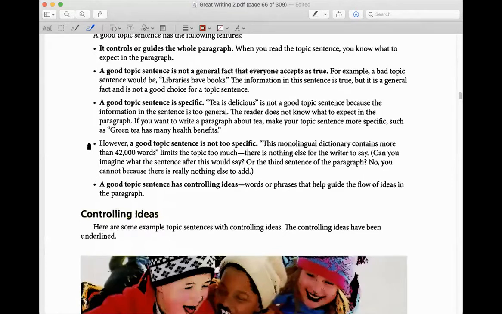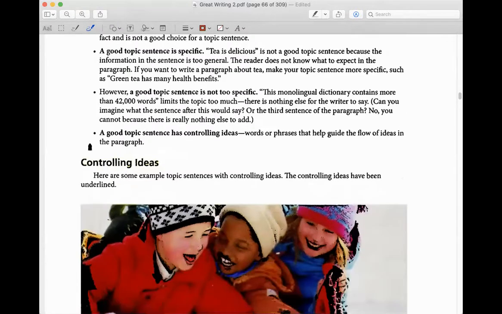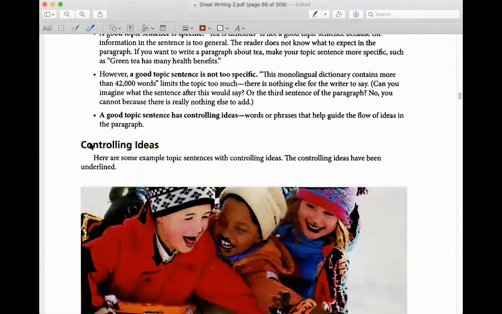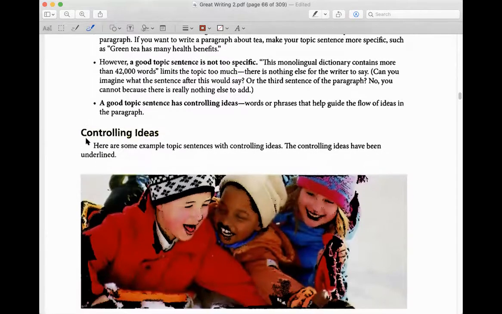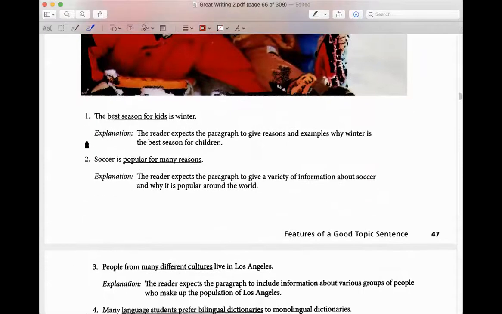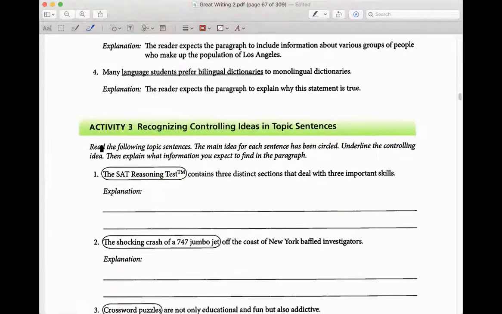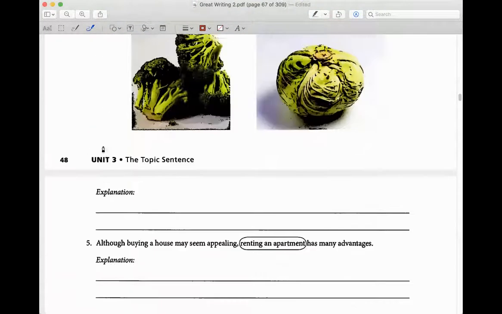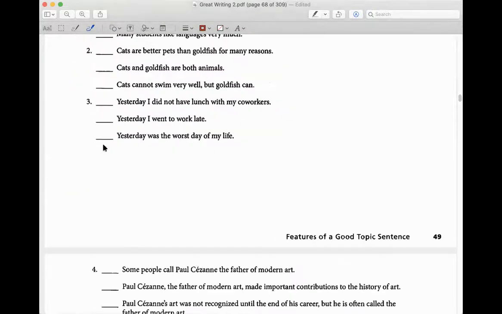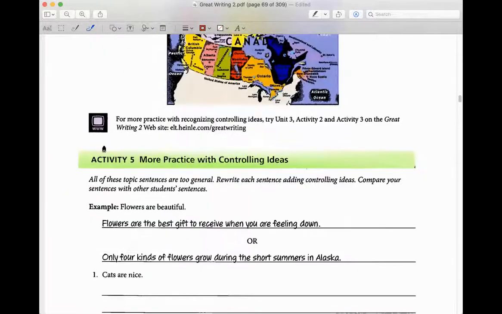Okay, so you should know what makes a topic sentence good or bad. Okay, maybe it's too wide a topic, maybe it's way too narrow, maybe there just isn't much to say about it. So be ready for that type of question. I won't ask about controlling ideas. So don't worry about that part.